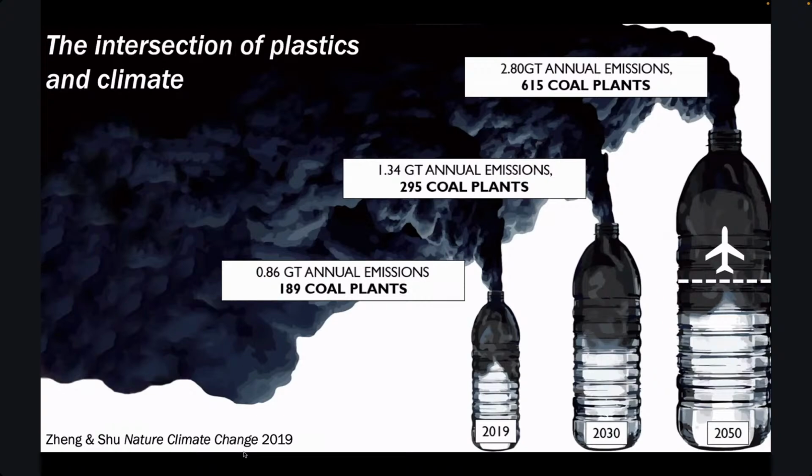There's an enormous amount of greenhouse gas emissions associated with the production, use, and disposal of plastics on an annual basis. And to put this into some perspective, the amount of greenhouse gas emissions that we produce from the production of plastics is nearly twice that of the entire aviation sector.